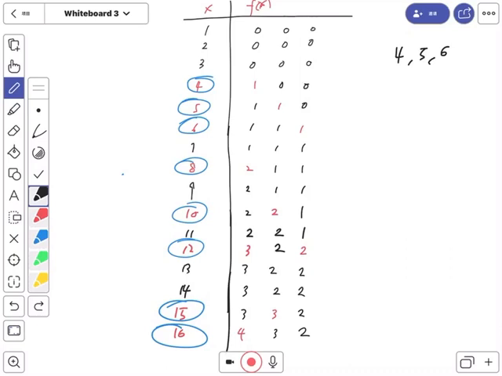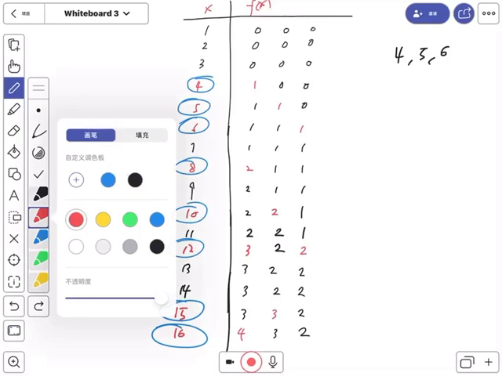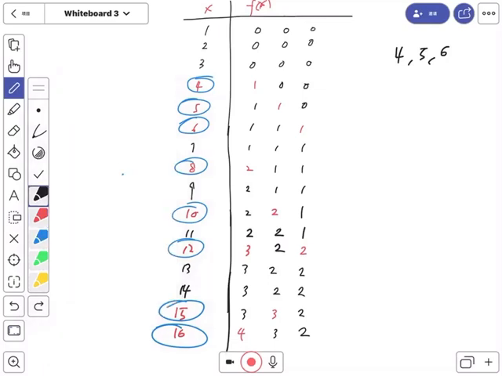Now, keep in mind that we want to find the numbers that can be uniquely determined by the three values. Basically it means that there's exactly one such number whose three values have this representation.